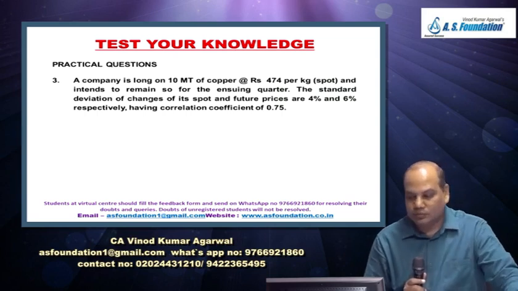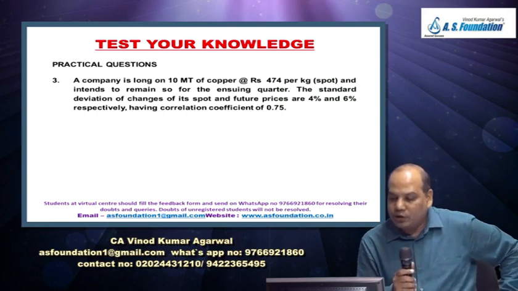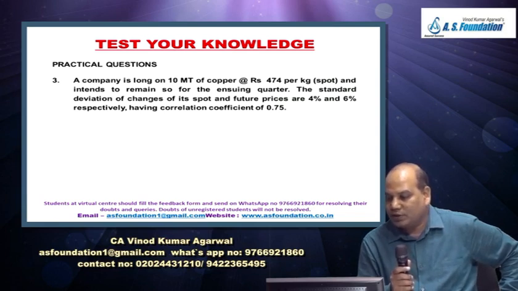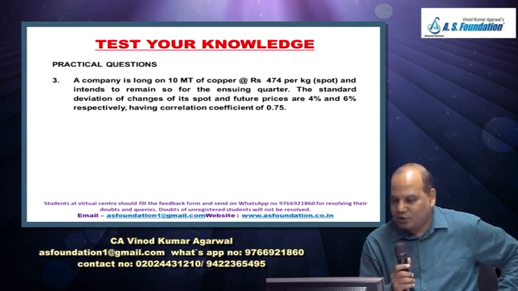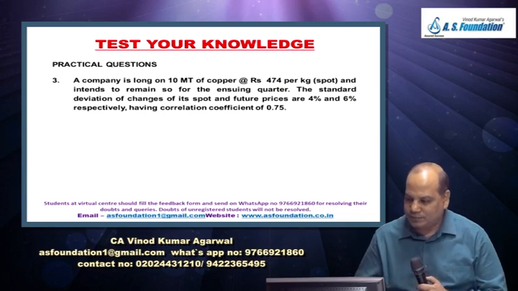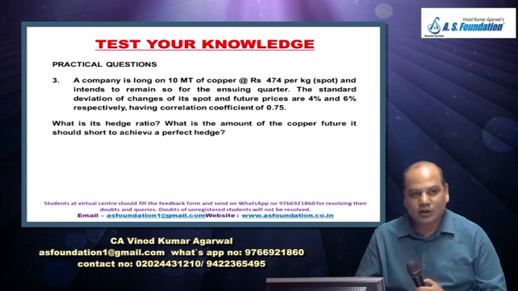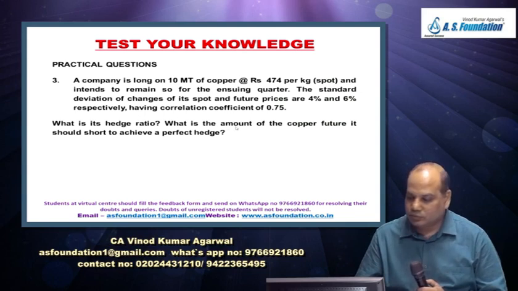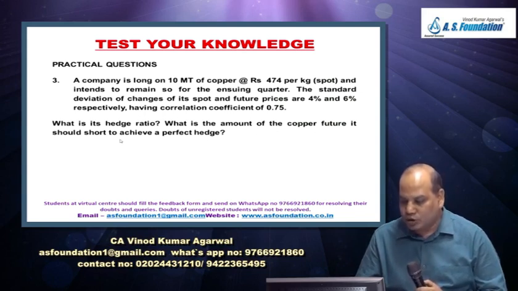The standard deviation of changes of its spot and future prices are 4% and 6% respectively. Correlation coefficient is 0.75. What is the hedge ratio? What is the amount of copper future it should short to achieve a perfect hedge?